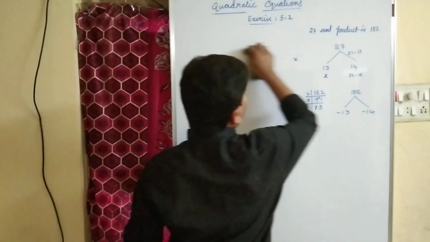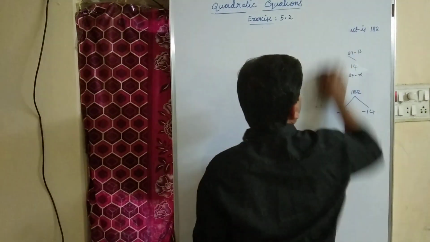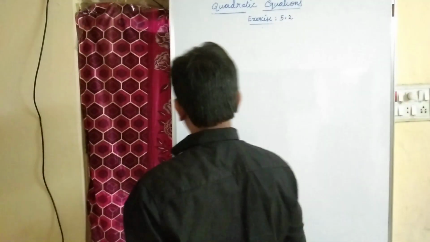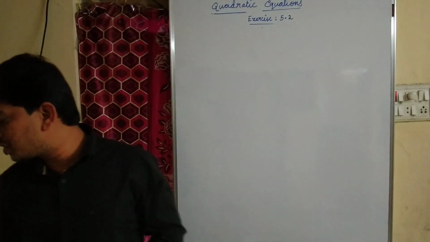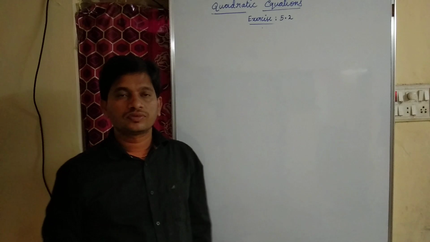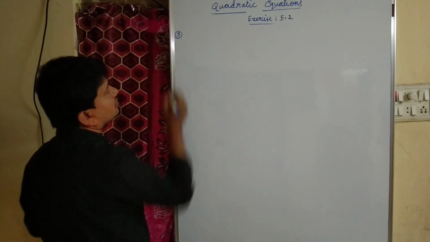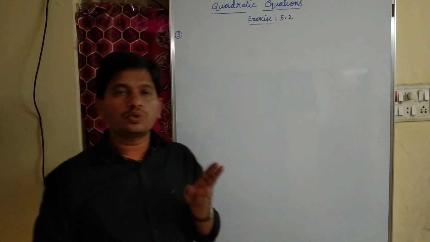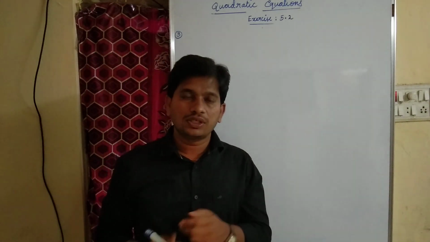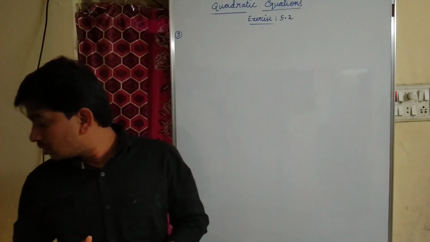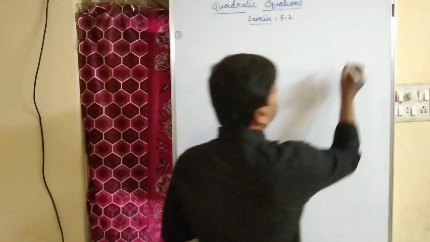Now let us see the third question. Find two consecutive positive integers, sum of whose squares is 613.